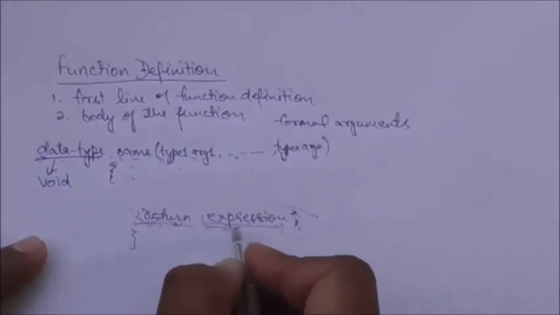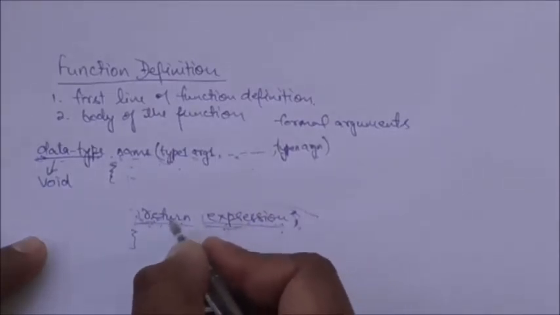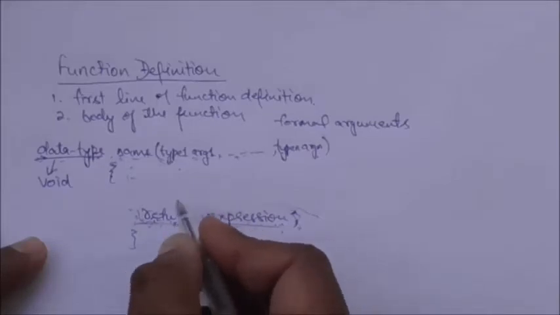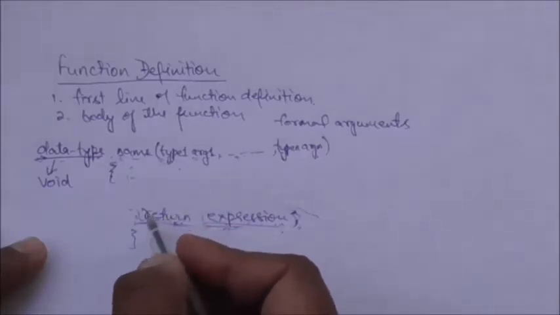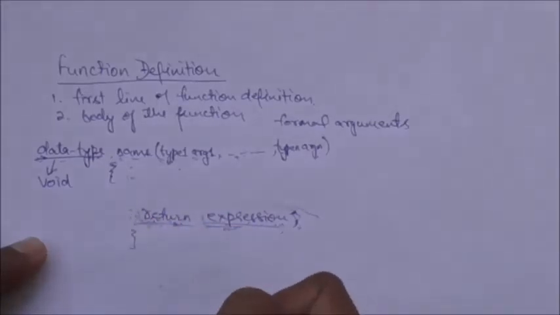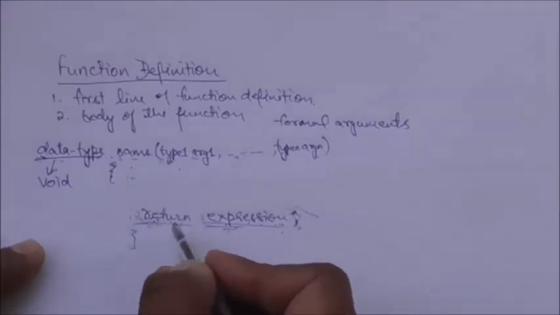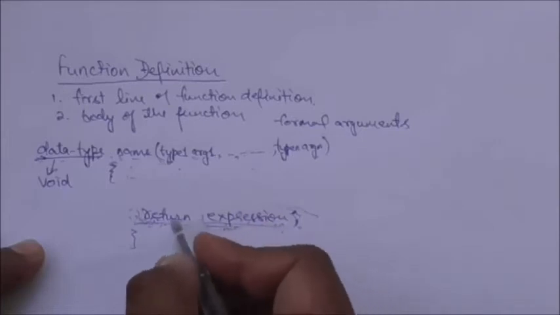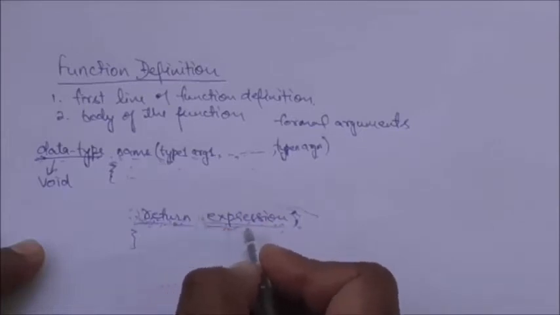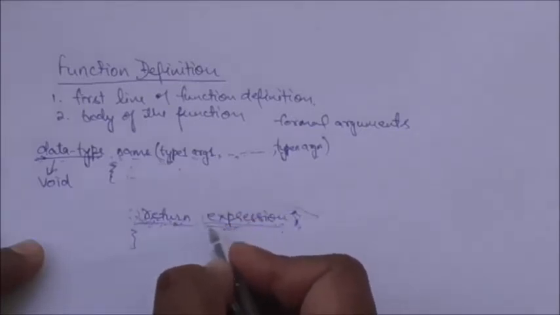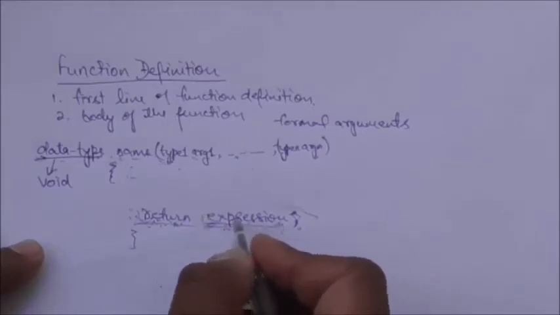What does this return statement do? This return statement transfers the control of execution to the calling function. When it returns the control of execution to the calling function, it can also return a value. It returns the value specified by this expression.